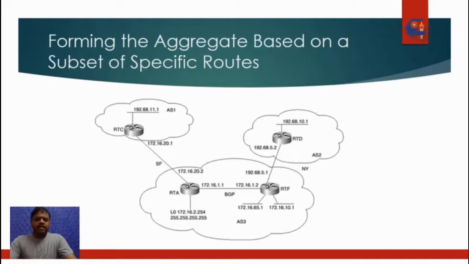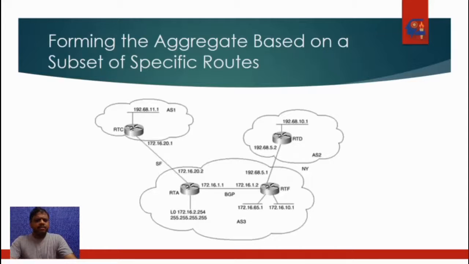If RTA and RTF are to aggregate these routes into 192.68.0.0/16 using the as-set option, the aggregate cannot be sent back to either autonomous system 1 or autonomous system 2 because it contains 1, 2 in the autonomous system path. This is due to the normal BGP behavior in detecting loops.